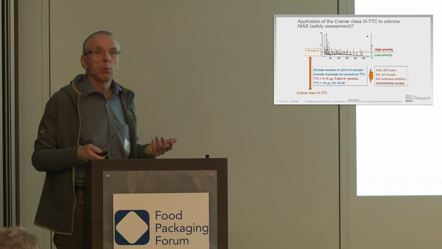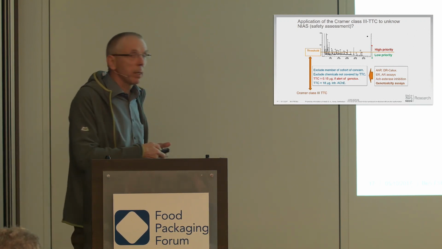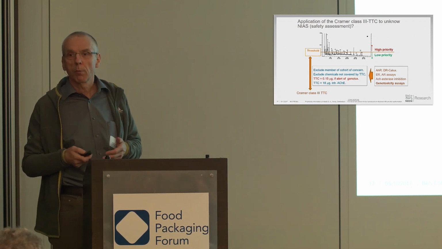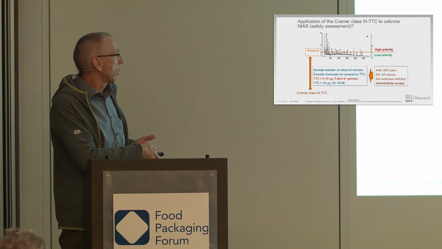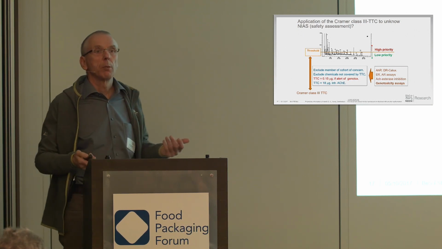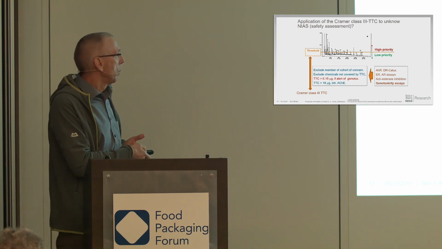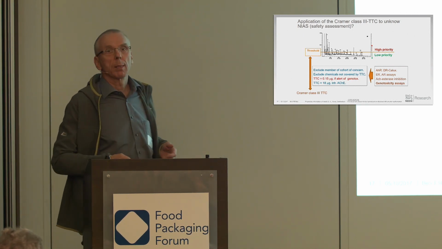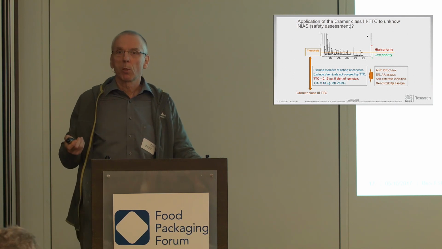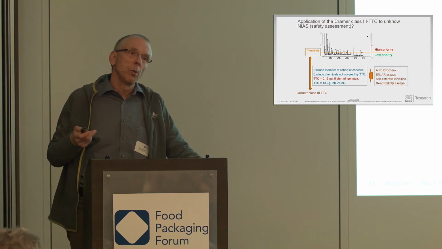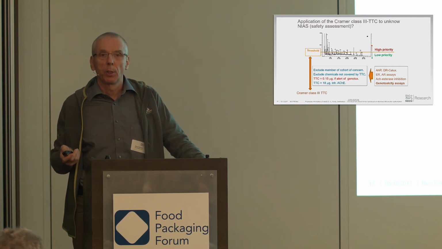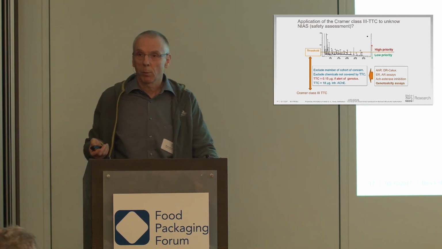But we all know that to apply Cramer class 3, you need to satisfy a number of constraints. For instance, you should show that you don't have strong acetylcholinesterase inhibitors. And maybe the most difficult one is to get some confidence that you will not have any genotoxic chemicals.